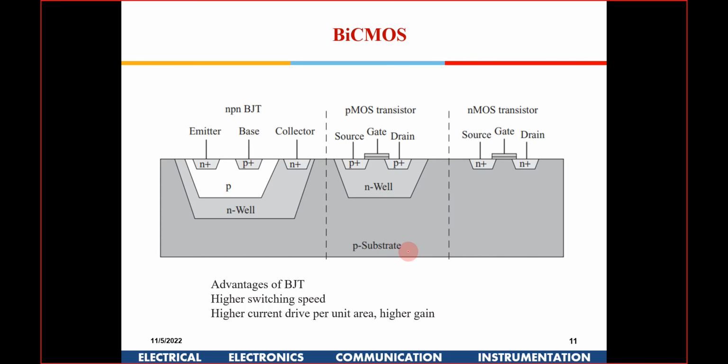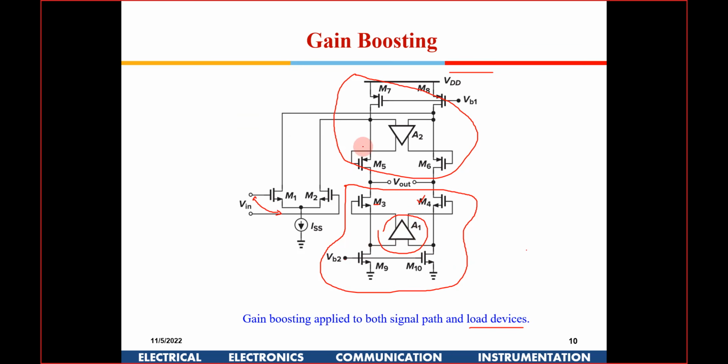Okay, now coming to the load. Till now, all these circuits had an issue if the final load has to be large. But in an op amp, when we initially declared the specifications, we said that our final stage should be able to even drive low loads.